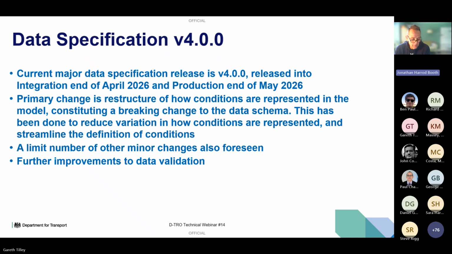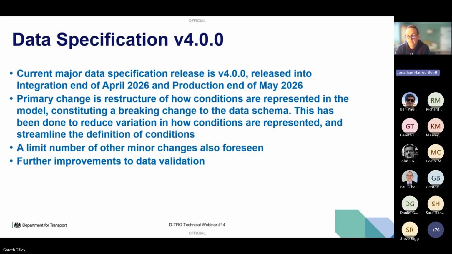So version 4 isn't a colossal change on what was there previously. The primary change is that we have done some tidying up and restructuring of how conditions should be modelled within provisions within the TRO records, and that was basically because there were too many possible options of doing things previously that we shouldn't have allowed.